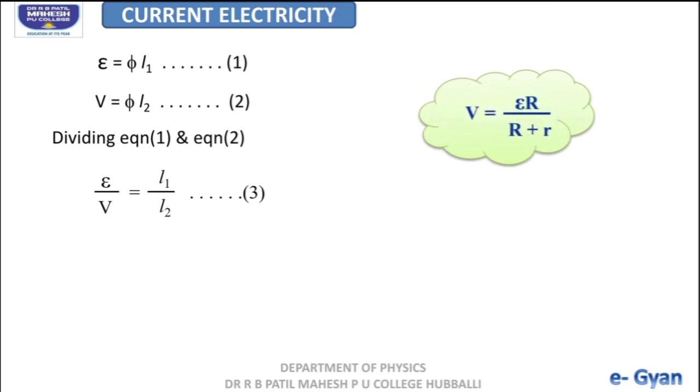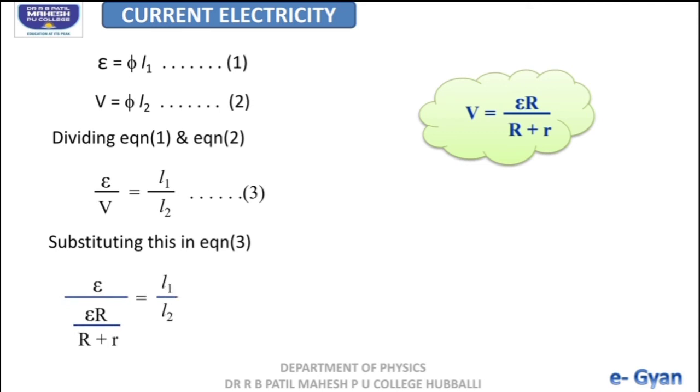Now divide equation 1 by 2. We get E by V is equal to L1 by L2. We know that V is equal to E into R divided by R plus small r. Putting this value in the equation, we get E divided by E into R divided by R plus small r is equal to L1 divided by L2.